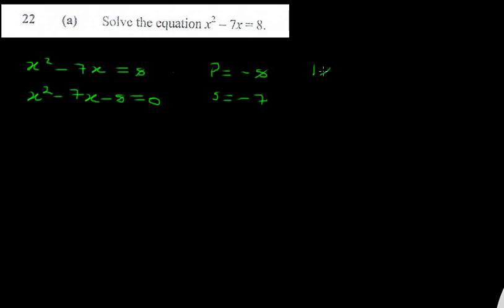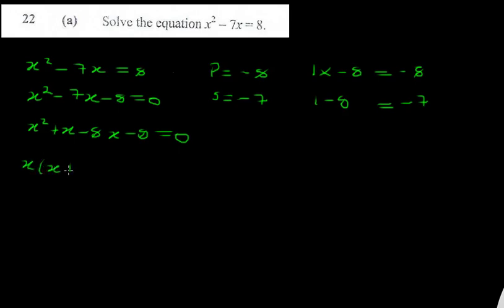Well, if you have 1 multiplied by negative 8, you would have negative 8, right? And 1 minus 8 would give you minus 7. So our two numbers are 1 and negative 8. So we will have x squared plus x minus 8x minus 8 equals 0. We would have x, open brackets, x plus 1, close brackets, minus 8, open brackets, x plus 1 equals 0, right?